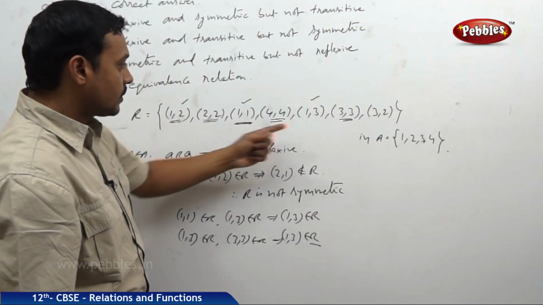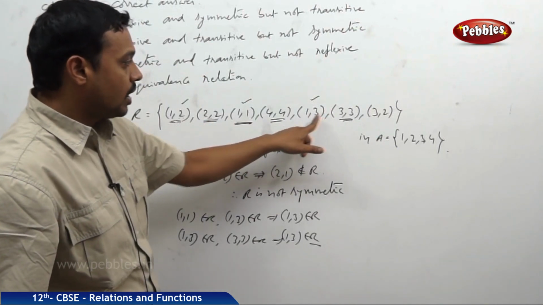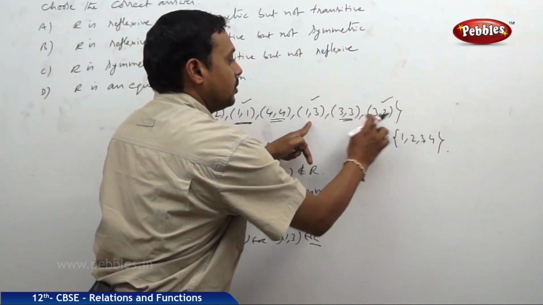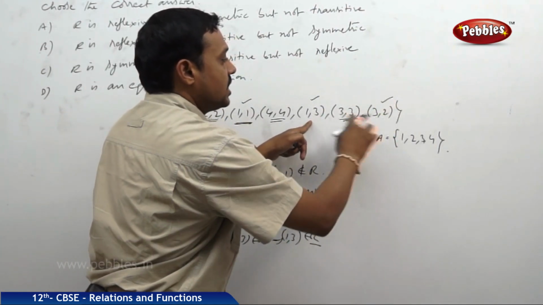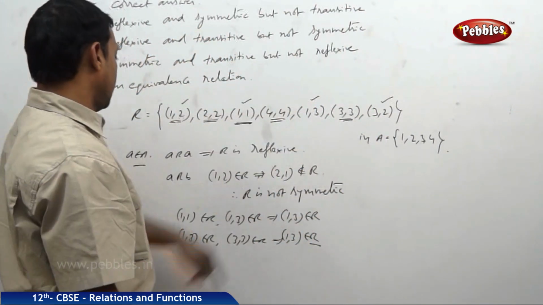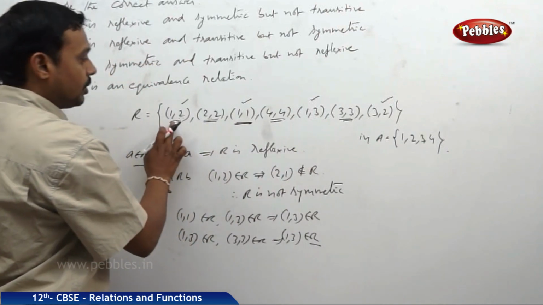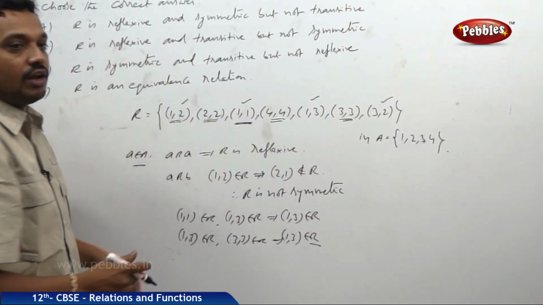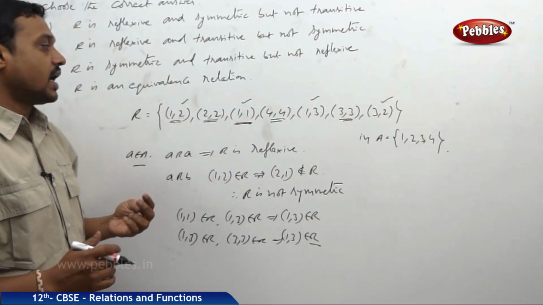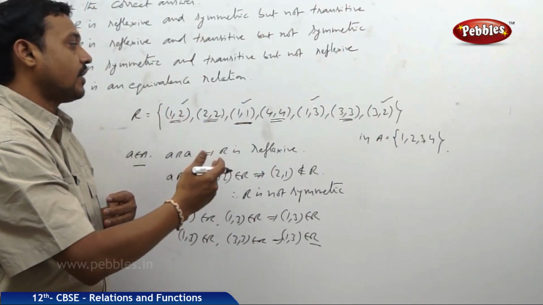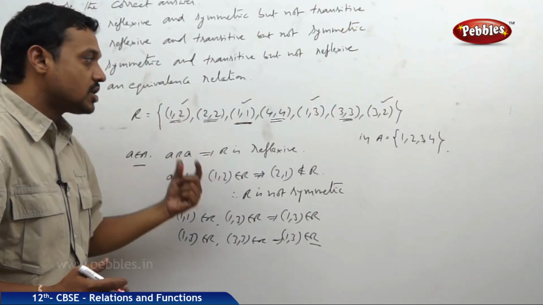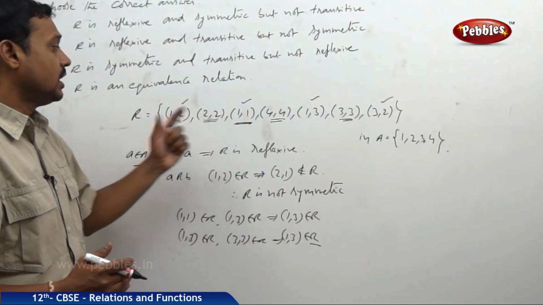Any more? Yes, see, (1,3) belongs to R and (3,2) belongs to R. Then (1,2): if the relation contains (1,2), then it is transitive. Yes, (1,2) is already there. So whenever two ordered pairs are considered, the third one is also defined. Hence, A related to B and B related to C implies A is also related to C in this relation.